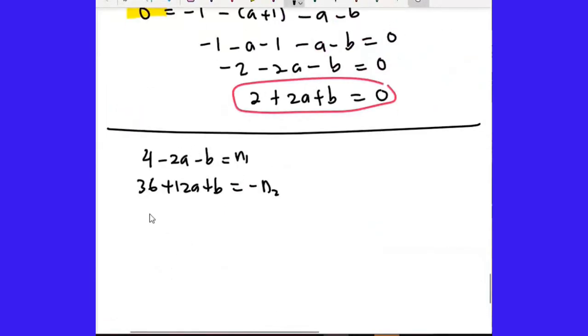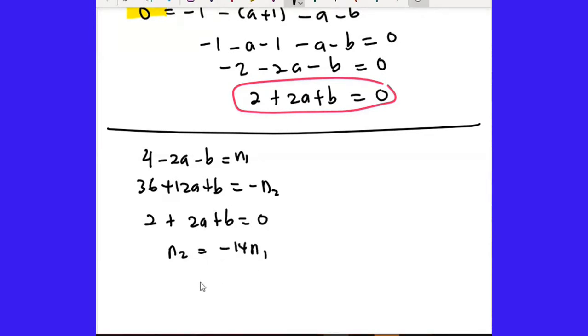Pick up 2 plus 2A plus B is equal to 0. One more, what is it that they gave? N2 is equal to negative 14 and 1.